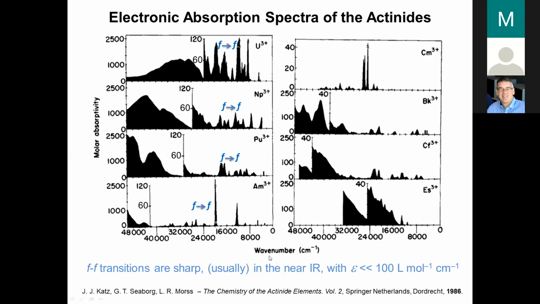As you have seen in the orbital splitting diagram on the last slide, even though the crystal field splitting is more pronounced than for the lanthanides, the overlap between all the states from also higher lying spin orbit coupling states generate a variety of transitions which overall end in low energy separations between all the different accessible states, which moves the f-f transitions into the near IR or lower energy range of the electronic absorption spectrum.